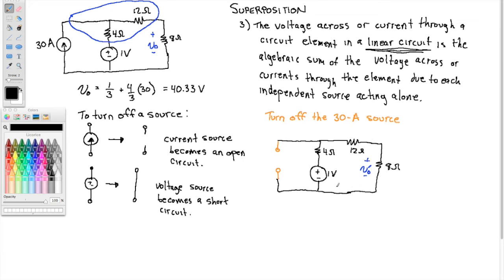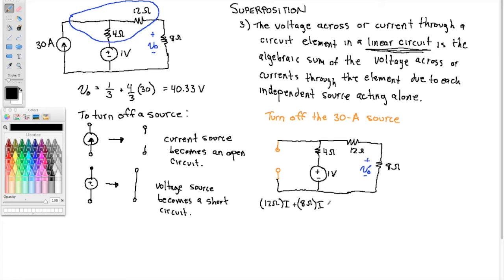Just go around the loop. So if I start here, I've got 12 ohms times whatever loop current is there, plus 8 ohms times that loop current.